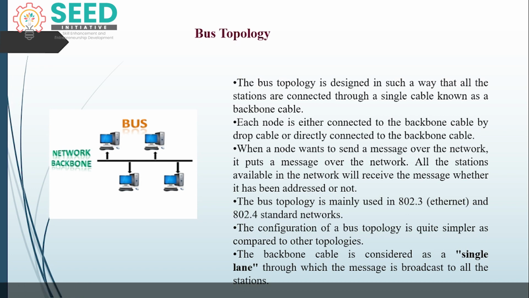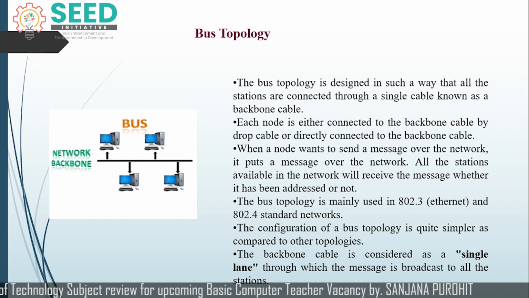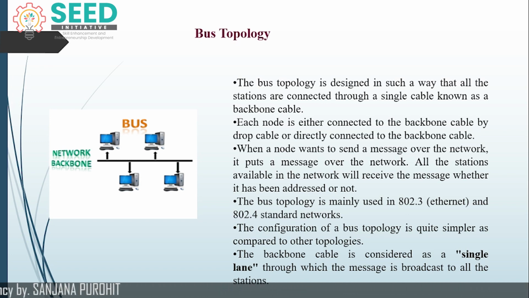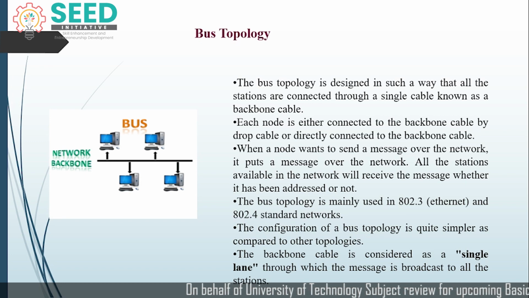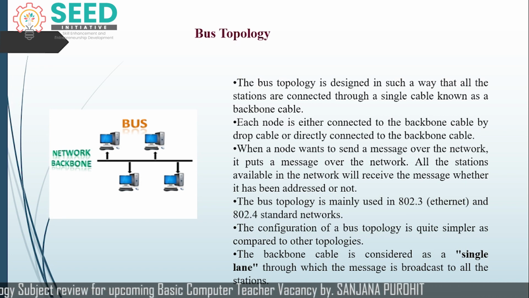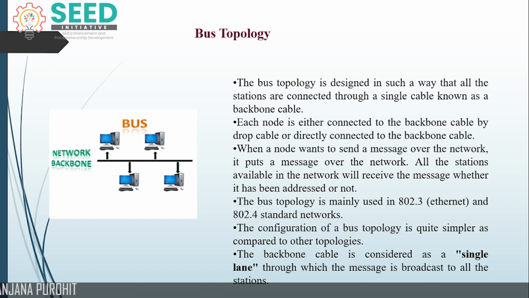First is the bus topology. The bus topology is designed in such a way that all the stations are connected through a single cable, and that single cable is known as the backbone cable.